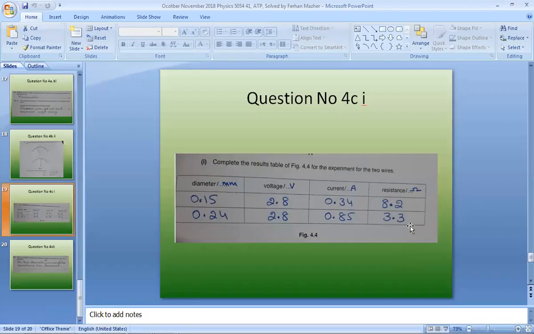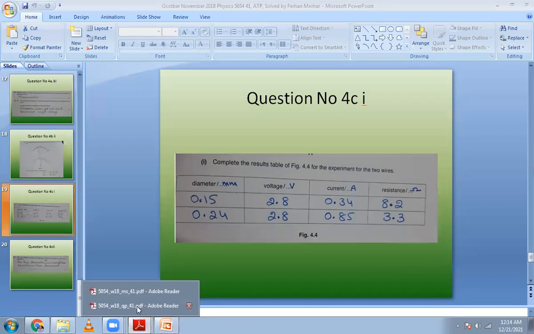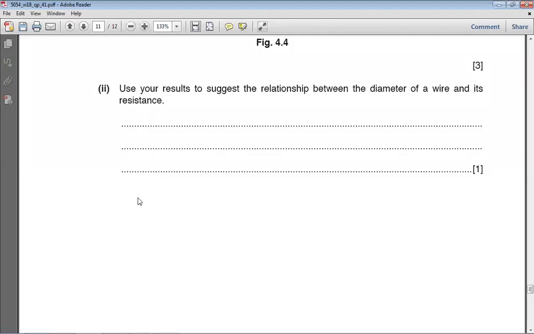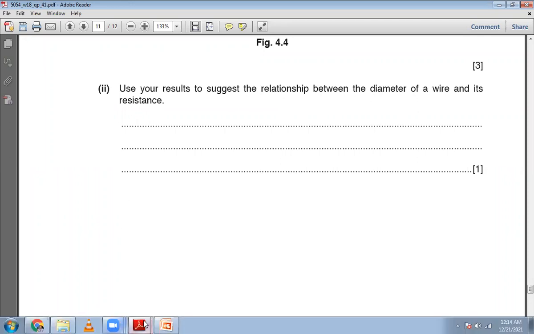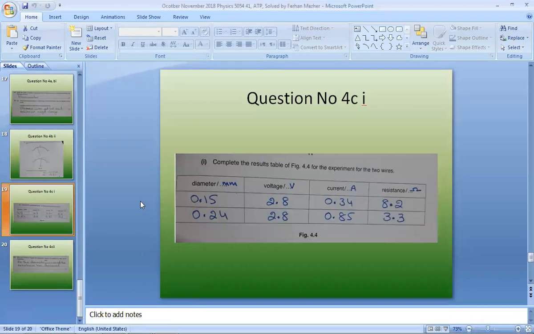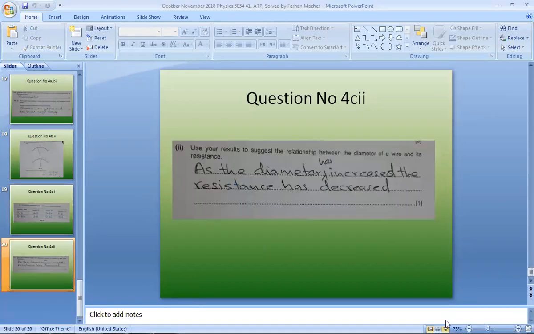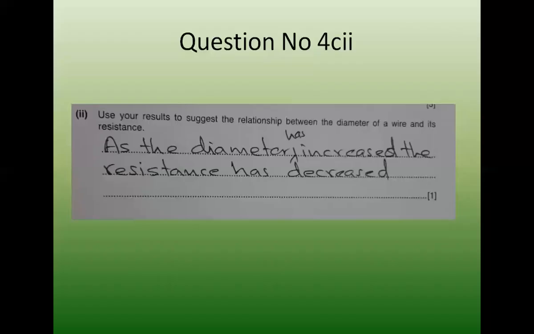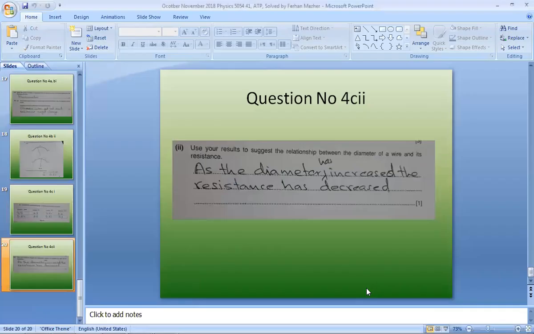It means when the diameter increases, the resistance decreases. That's their question. So if the diameter becomes larger, the resistance will decrease. As the diameter has increased, the resistance has decreased. Okay, so this is my answer.